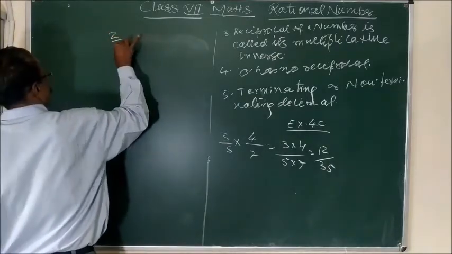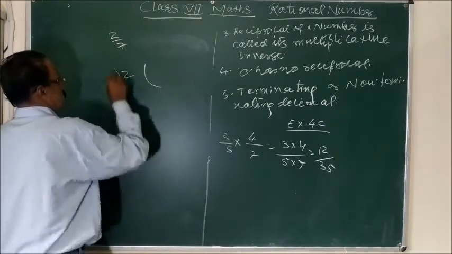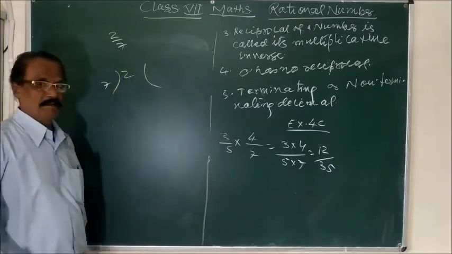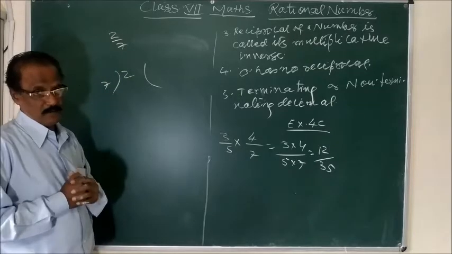2 by 7, suppose a fraction, you convert into decimal, you divide 2 by 7. One thing here you should remember, it is not necessary that the numerator should be greater than the denominator.